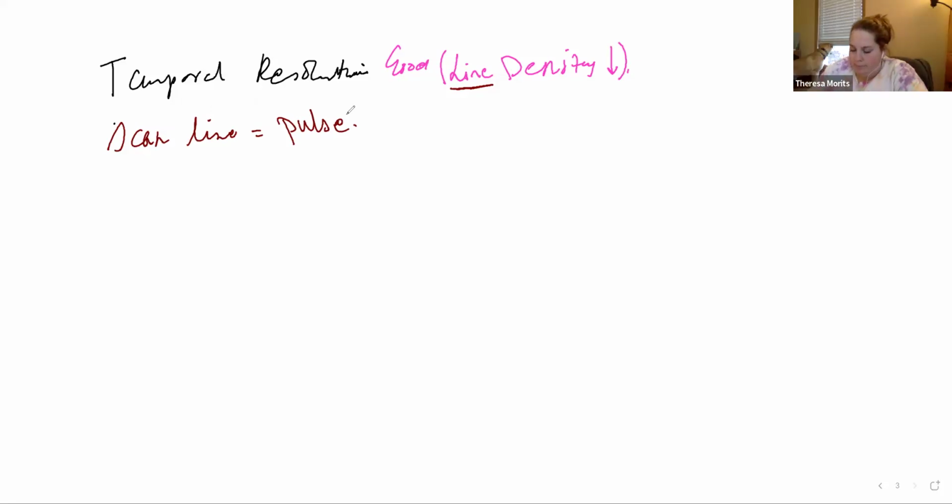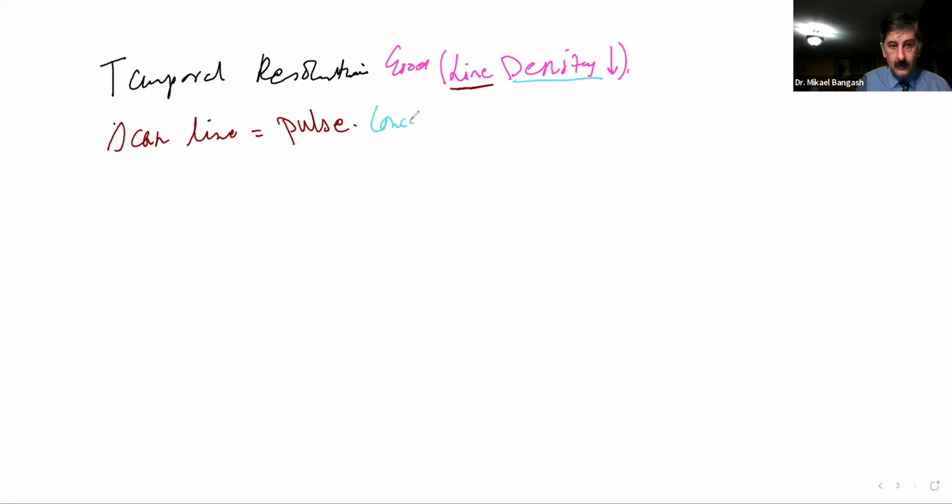Good. Whereas density mainly was just going to be that concentration of the pulses per degree angle. That's going to be the degree angle of your image, of your sector.